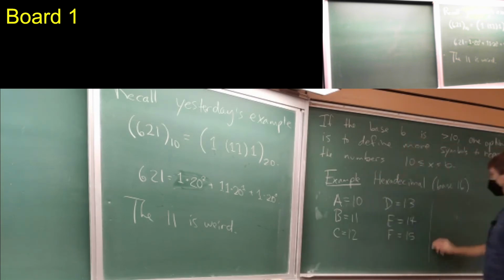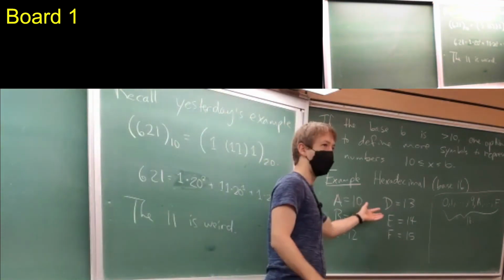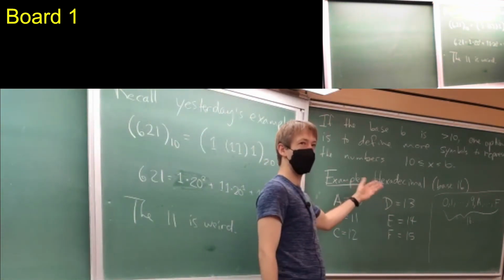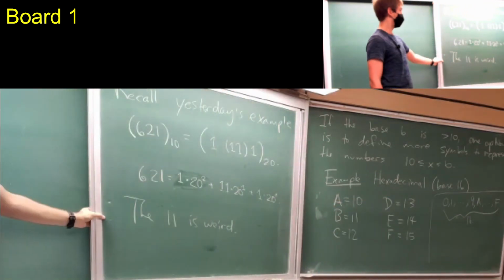So your number system is 0, 1 up to 9, and then A up to F. And there's 16 different numbers. So this gets around this whole issue of writing 2-digit numbers. Instead of writing the number 12, you just write a C.